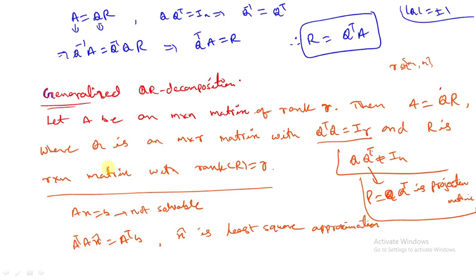Now by using QR decomposition also we can find the least square approximation. What is A transpose A?